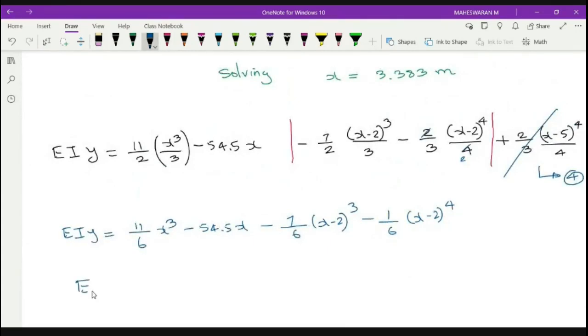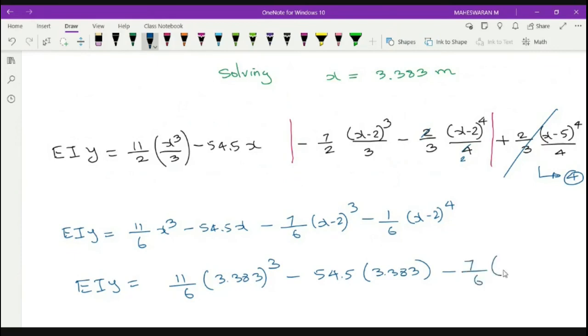So what will we get? You'll get EIy is equal to 11 by 6 into 3.383 the whole cube minus 54.5 into 3.383 minus 7 by 6 into 3.383 minus 2. So what will we get?